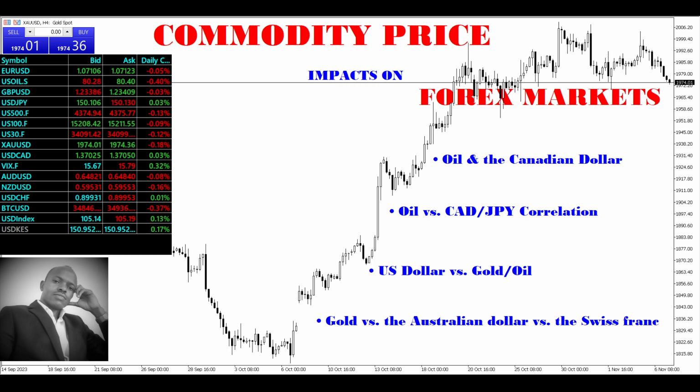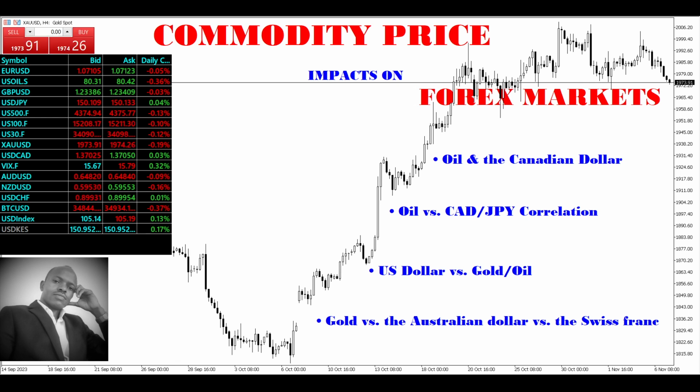Then, as we look at this, we cannot forget to look at the US dollar, since it is the world's reserve currency. So let's take a look at the US dollar versus gold and oil in the global markets. We will see that the US dollar is the world's reserve currency, as we have mentioned.